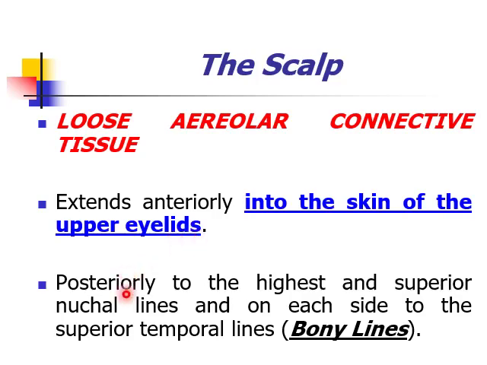While the posterior aspect of this loose areolar connective tissue extends posteriorly to the highest and superior nuchal lines on each side, and to the sides to the superior temporal line. So it extends from the external occipital protuberance, highest and superior nuchal lines, and to the sides to the superior temporal lines.